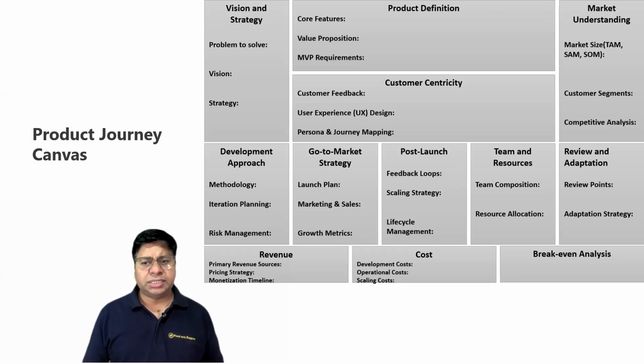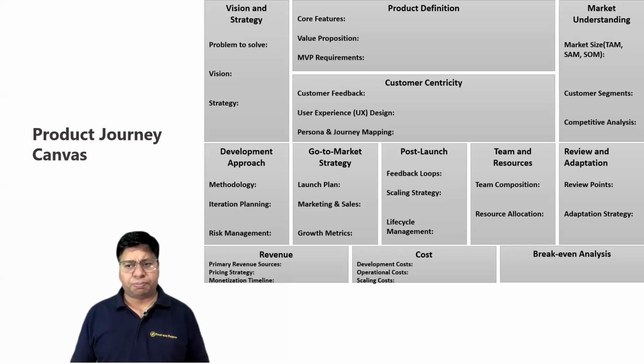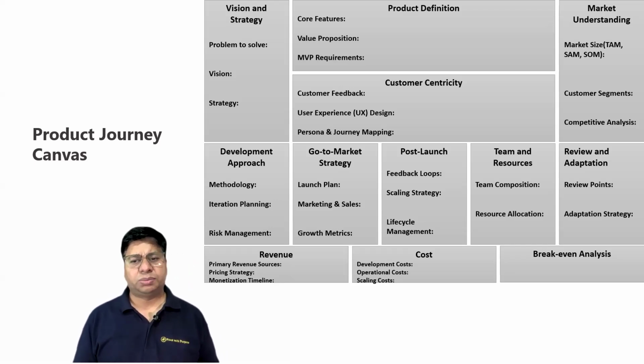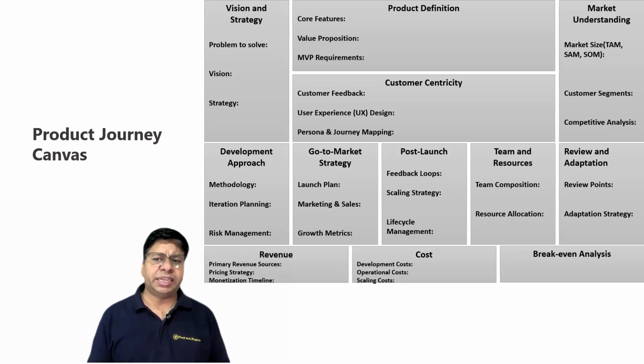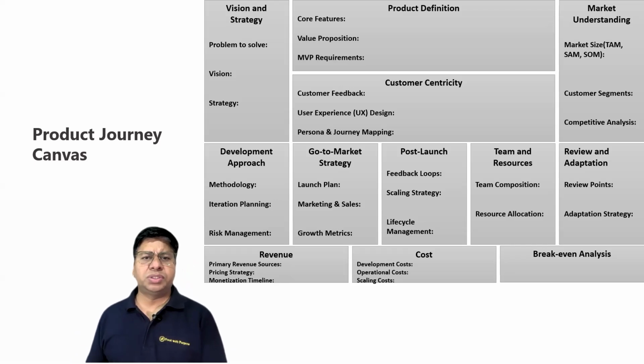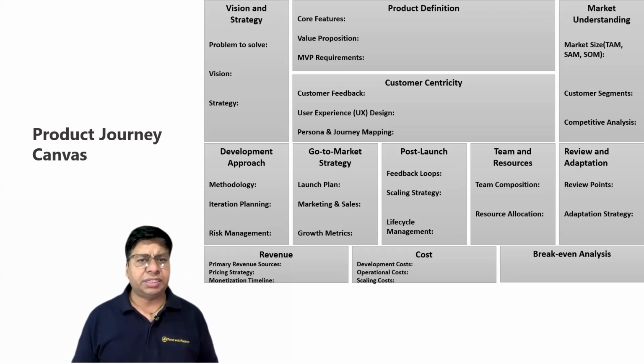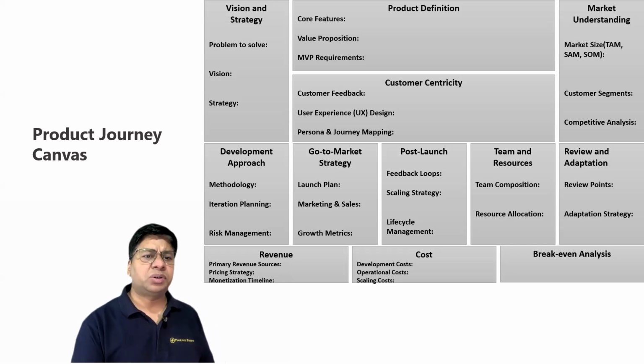The product journey canvas is your map, compass, and progress dashboard in one. Don't treat it as a one-time activity. You have to revisit it often, refine it regularly, and use it to communicate vision and execution across your organization.